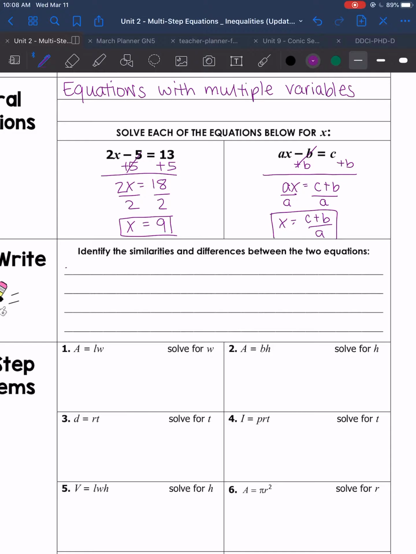So a few similarities. We both use opposite operations to isolate the variable.